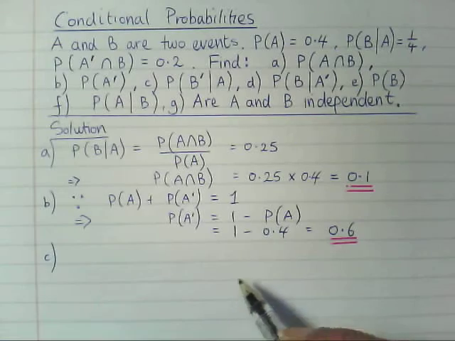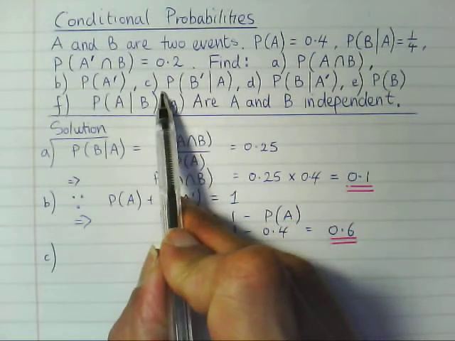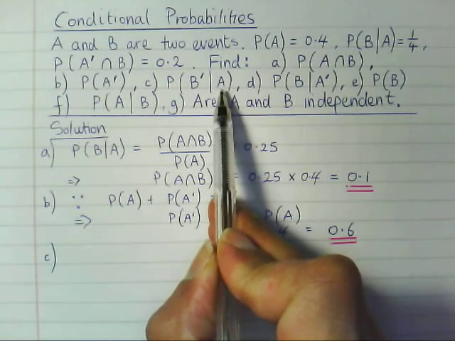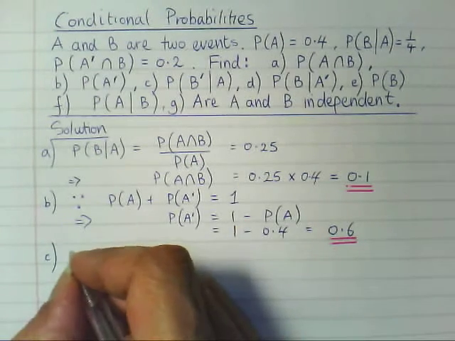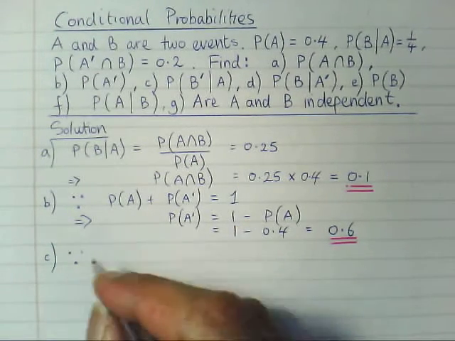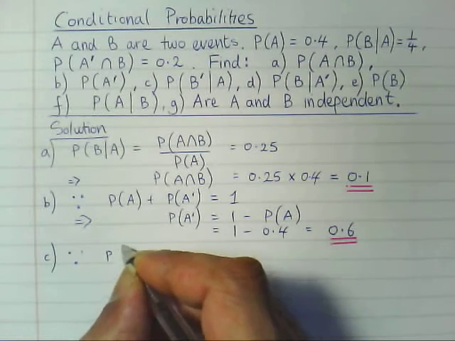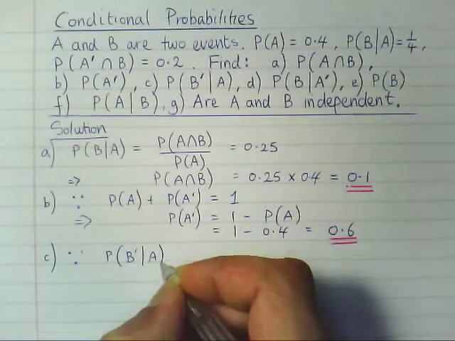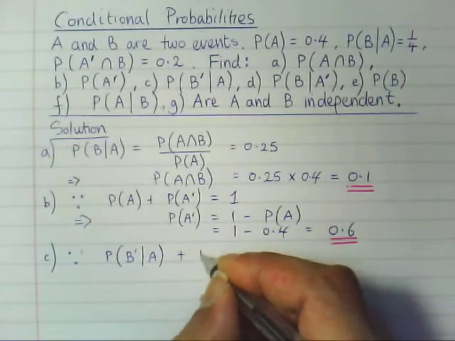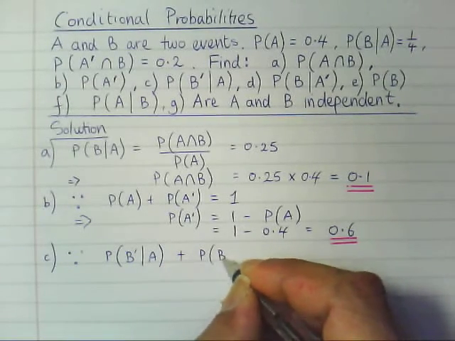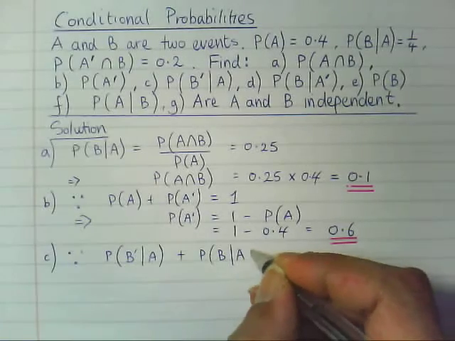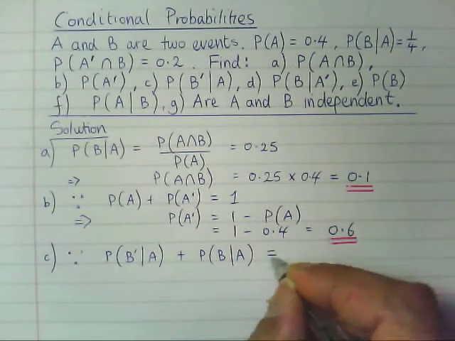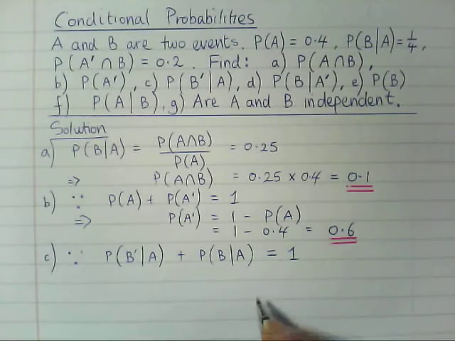Now for part C, we are asked to find the probability of B not occurring given A has happened. Well, in general, we can write this expression. The probability of B not occurring given A has happened plus the probability of B occurring given that A has happened must equal, very much in the same sense as part B, 1.